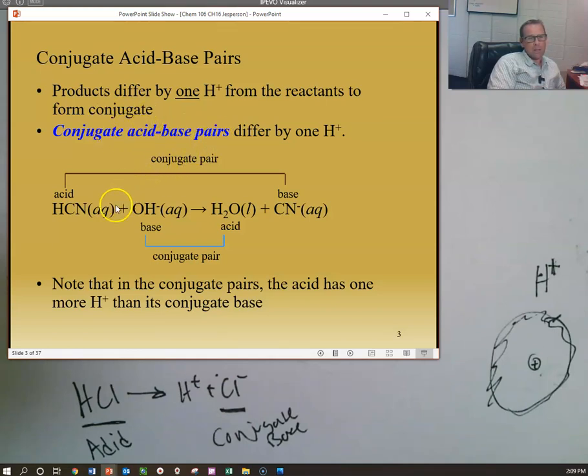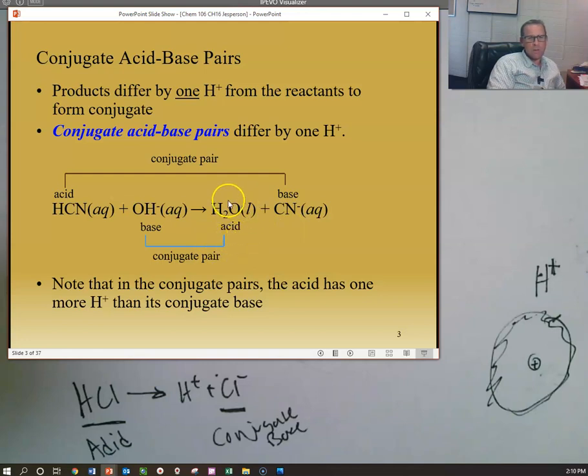And again, the difference is always just one proton. So here's an example, HCN, this is an acid, and its conjugate base is the CN minus ion, the cyanide ion. So hydrogen cyanide and then the cyanide ion.